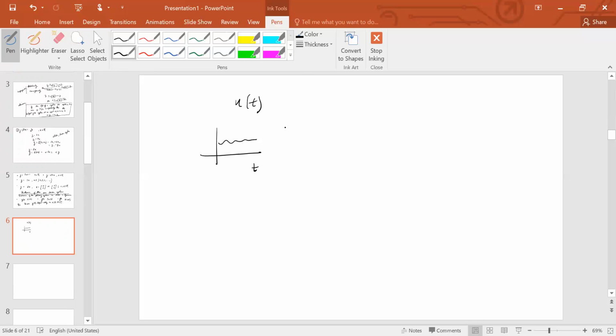If the system is a dynamic system, you pass this u through the system, and what you get back is another signal. So this is your u, and this is your y. You have an input signal and an output signal. So this system does something to the input in order to spit out an output.